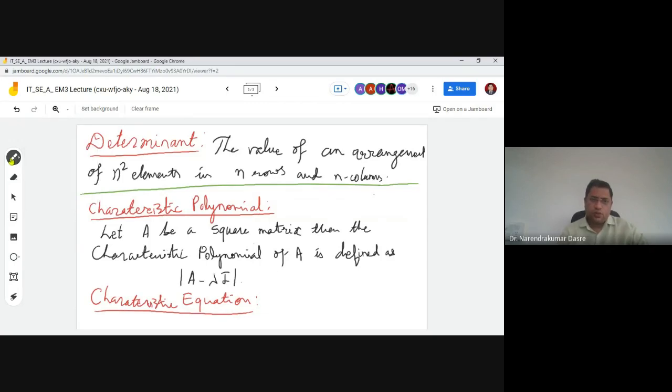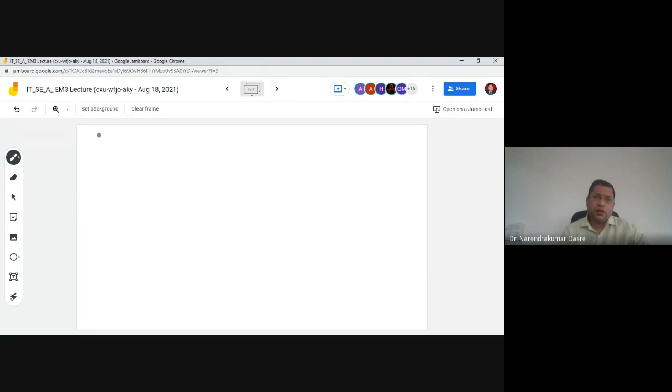What is the condition here? Let A be a square matrix.